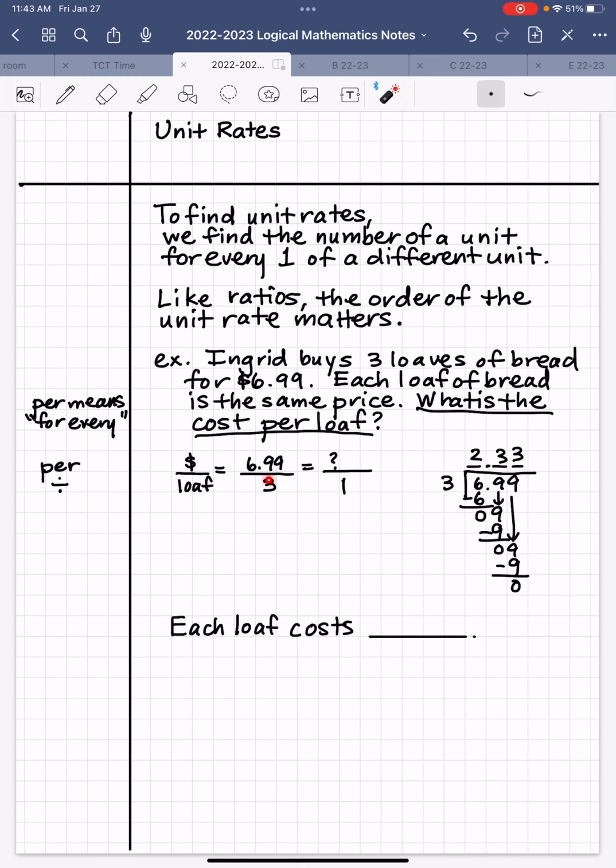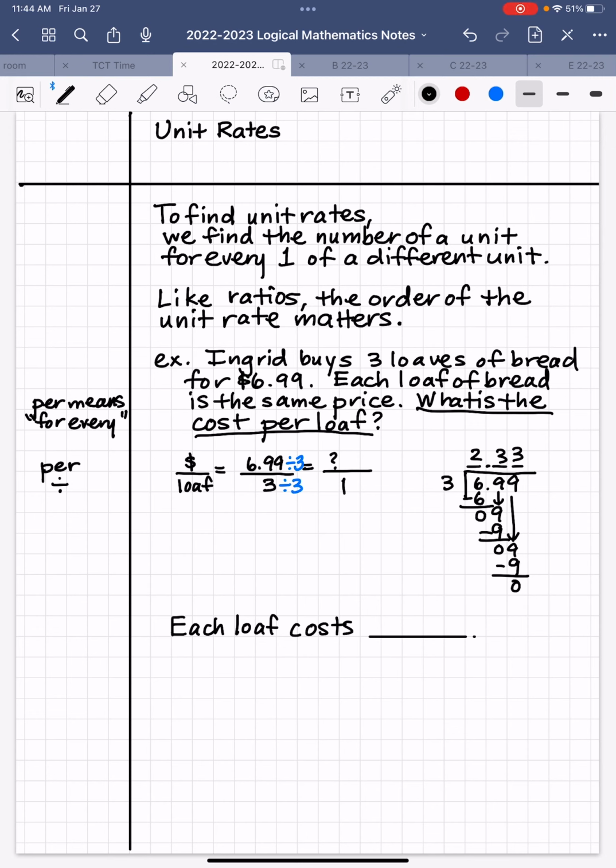Okay, now we have 2 different equivalent rates right here, and what I'm going to do is figure out what I have to do to 3 to get to 1, and I can only use multiplication or division, so I'm going to divide by 3 to get to 1, and what do I have to do also to 6 99/100ths? Divide that by 3 because I'm making equivalent fractions, or equivalent ratios.